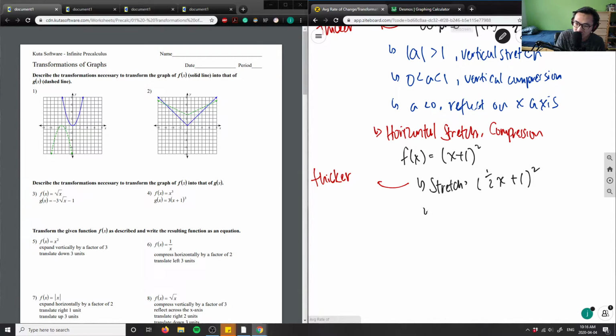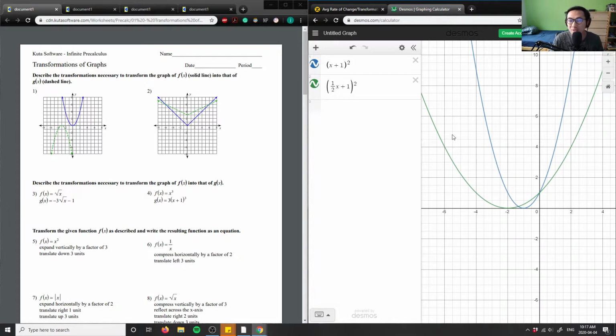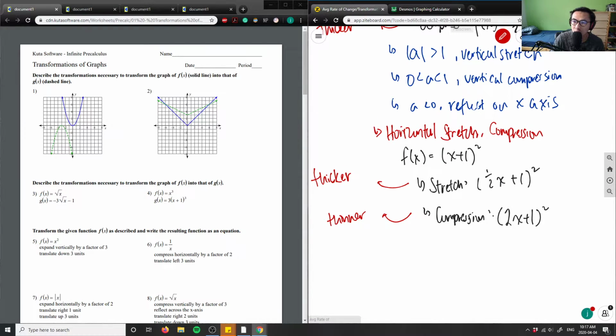So a horizontal compression would be thinner, and that would be if this was greater than 1. So I'm going to write 2x plus 1 squared here. And we'll prove that for you. This is thinner.